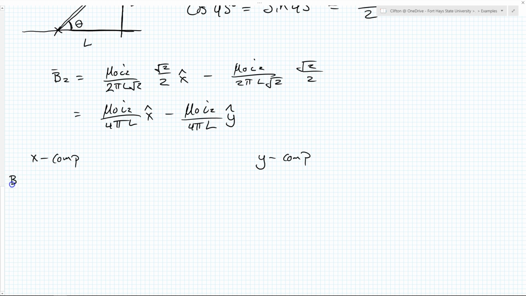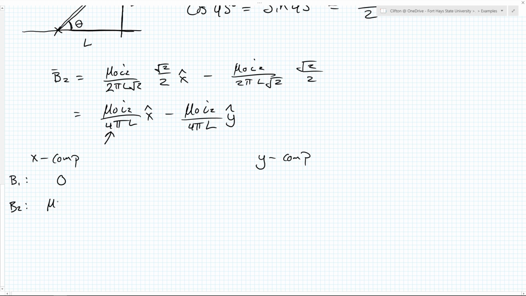So for B1, its x component is going to be 0. So B1 has an x component that is 0. For B2, its x component is right here. That's going to be mu naught.